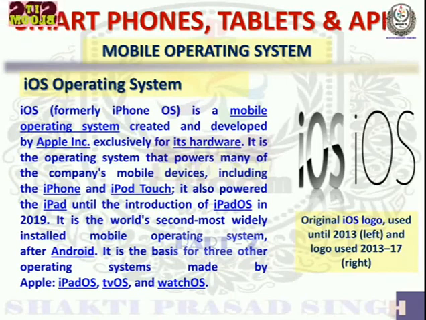It is the world's second most widely installed mobile operating system after Android. It is the basis of three other operating systems made by Apple: iPad OS, tvOS, and watchOS. Before that, they worked only on the iOS operating system.